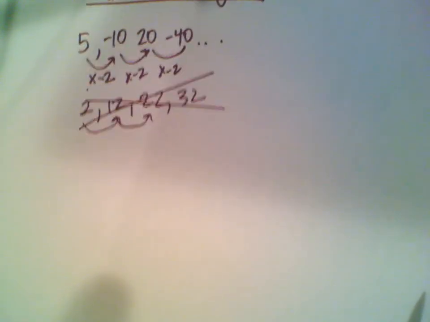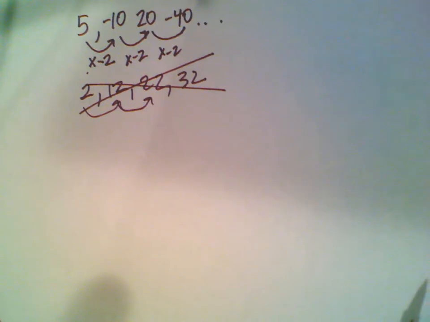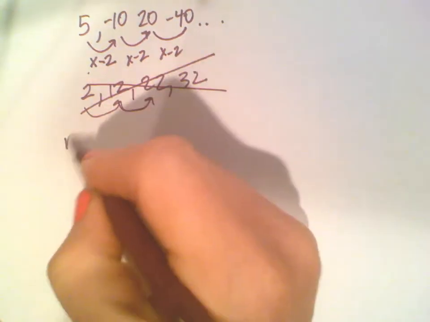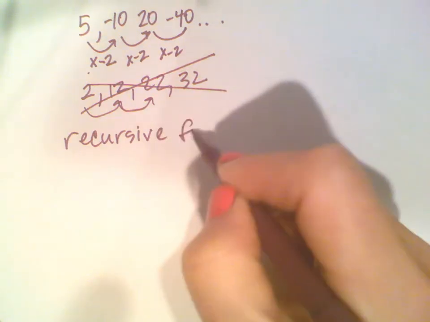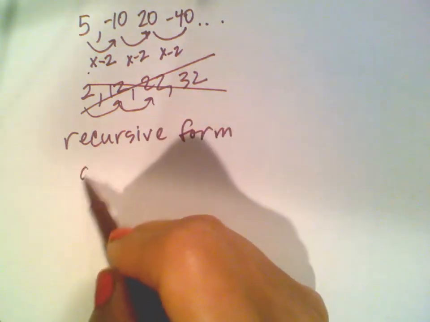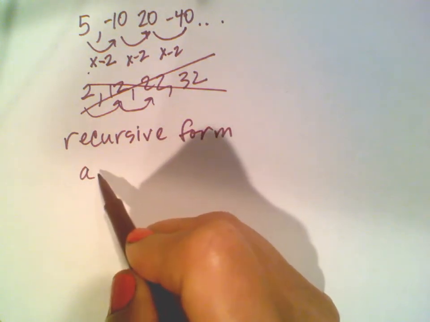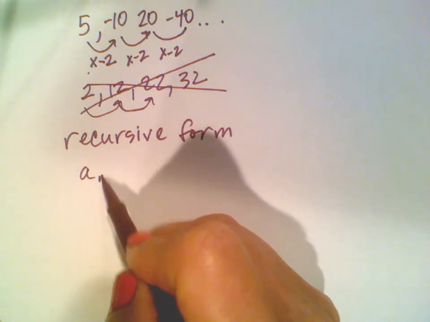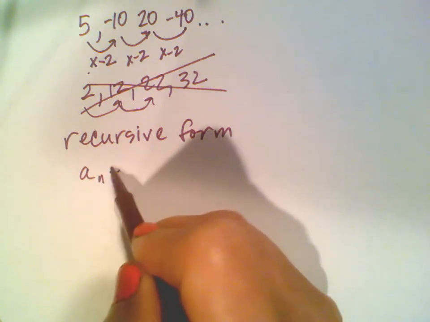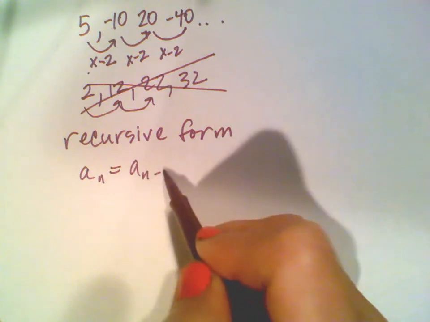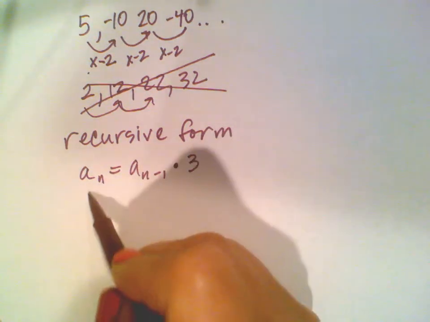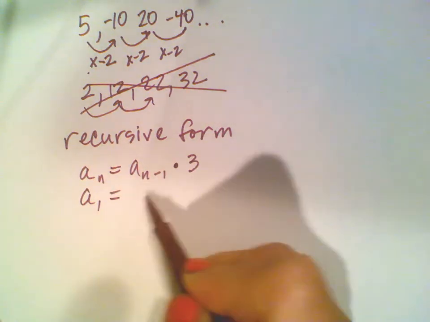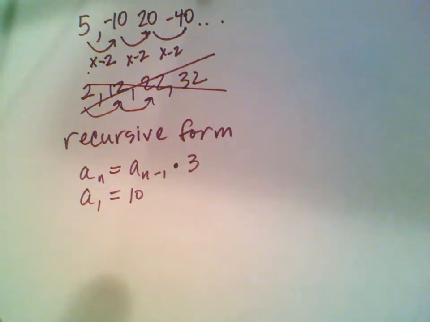Then we also talked about expanding a geometric sequence using the recursive form. The recursive form, that's when you're given what your pattern is. So a sub n is equal to a sub n minus 1 times 3. And then you're given your first term, a sub 1 is 10, say, for instance.